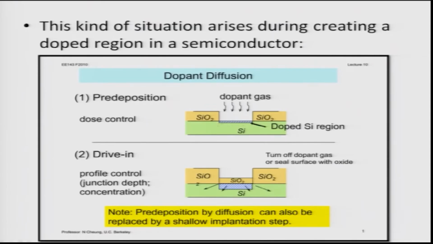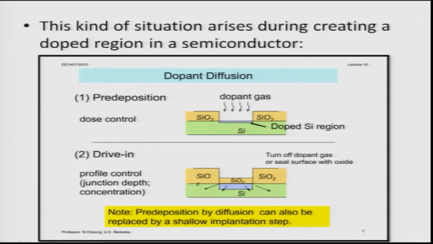Okay. So, once it has diffused to a certain depth, the dopant gas is stopped. Specifically speaking, initially it is exposed to the gas and then the gas is stopped, and then it will slowly diffuse inside, and finally a doped layer is built up. So, the first process is known as pre-deposition, that is where you control the dose, and the second one is known as diffusion or drive-in.